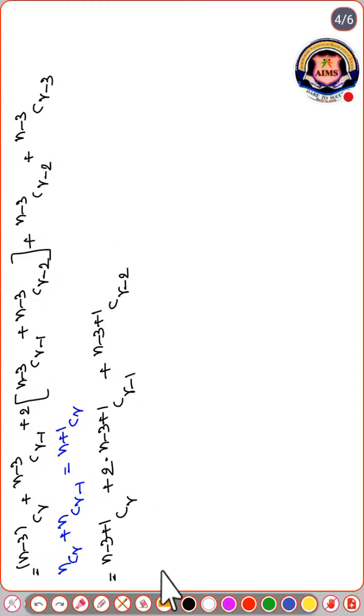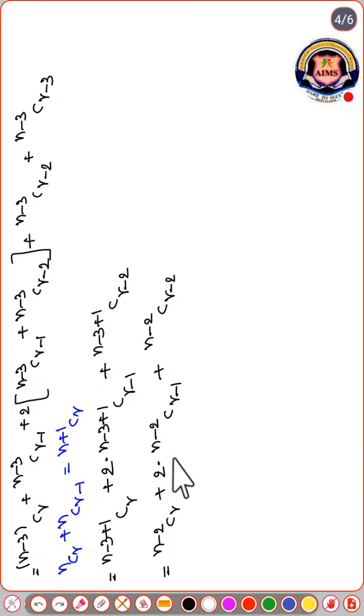Okay, my dears, next n will be the same. 1 minus 3 is minus 2, C r plus 2 into, again the same, n minus 3 plus 1 is n minus 2, C r minus 1 plus n minus 3 plus 1 is n minus 2, C r minus 2. Again this has two parts, the left side related to one part, the right side related to another part.